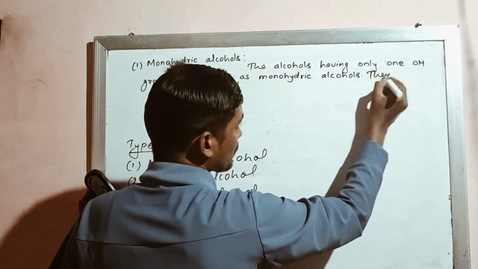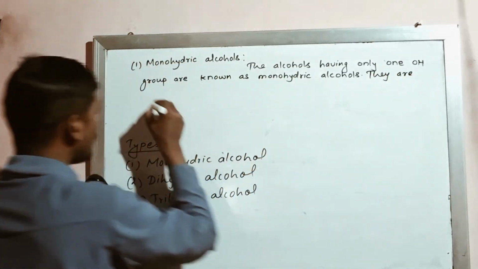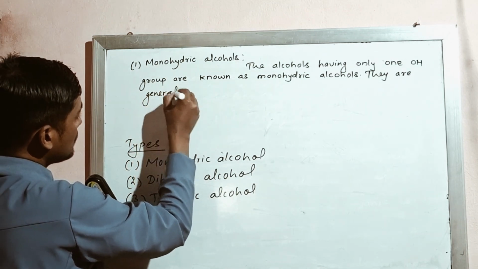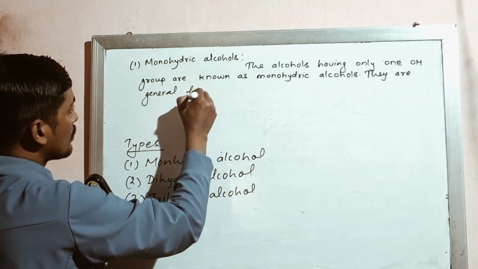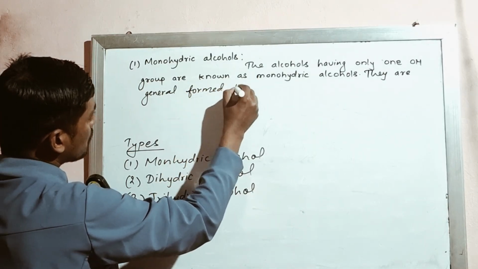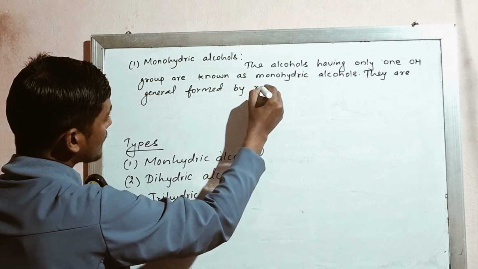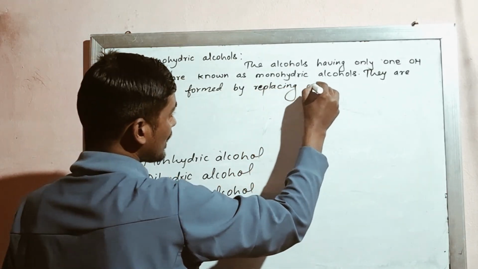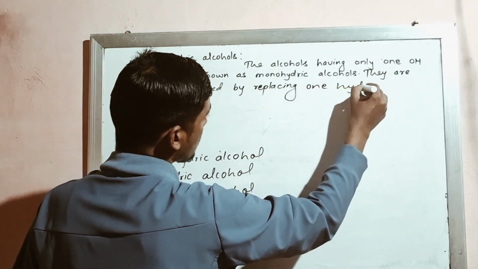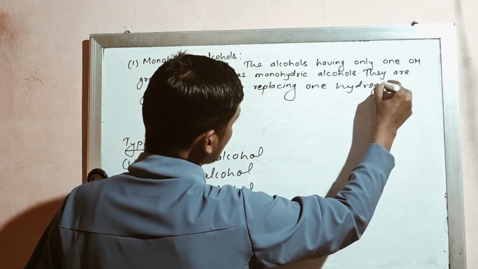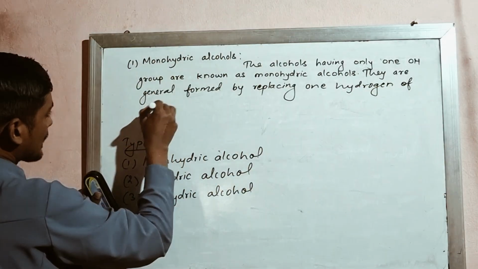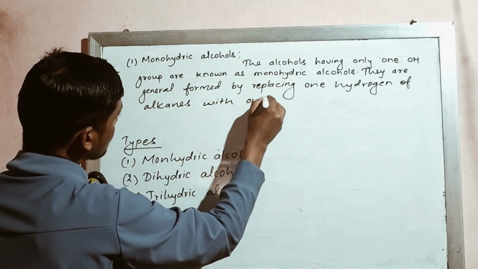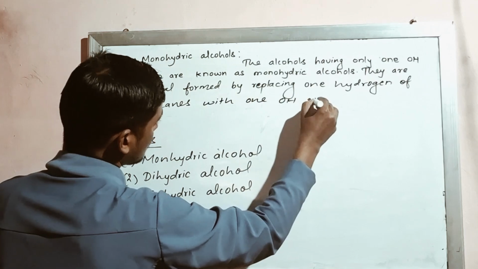They are generally formed by replacing one hydrogen of alkanes with one OH group.